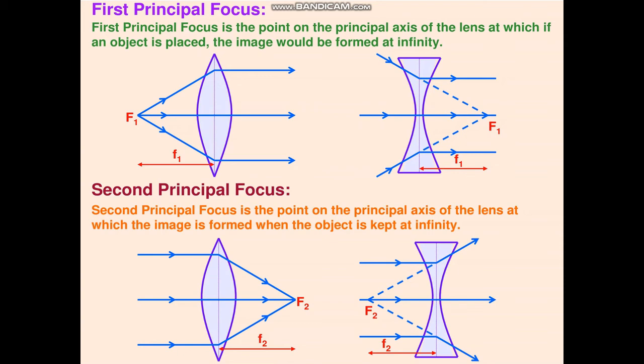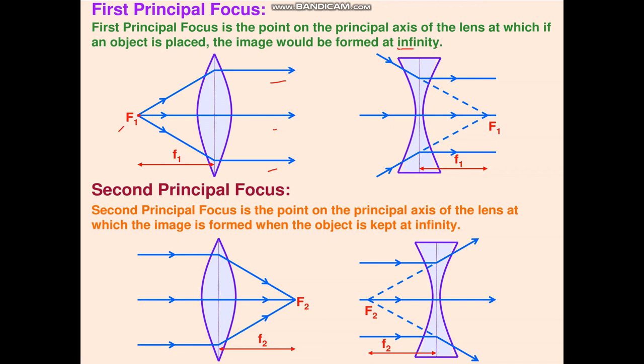Now see, the first principal focus is the point on the principal axis of a lens at which, if an object is placed, the image will be formed at infinity, right? We'll come to know how the image is formed at infinity later on, but this is a point from where the light rays, when they fall on the lens, will become parallel to the principal axis. So this becomes the first principal focus.